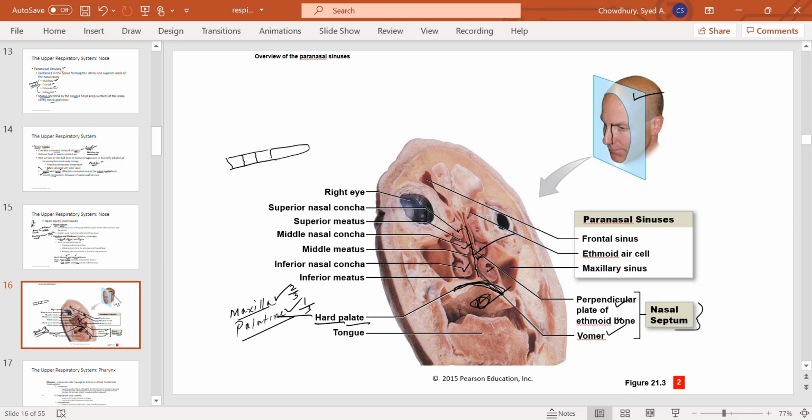If I divide into three parts, anterior 2/3 is formed by the maxilla, and posterior 1/3 bony part is formed by palatine, and this is the soft palate. It is a skeletal muscle structure covered by thick mucosa. So that's the soft palate.